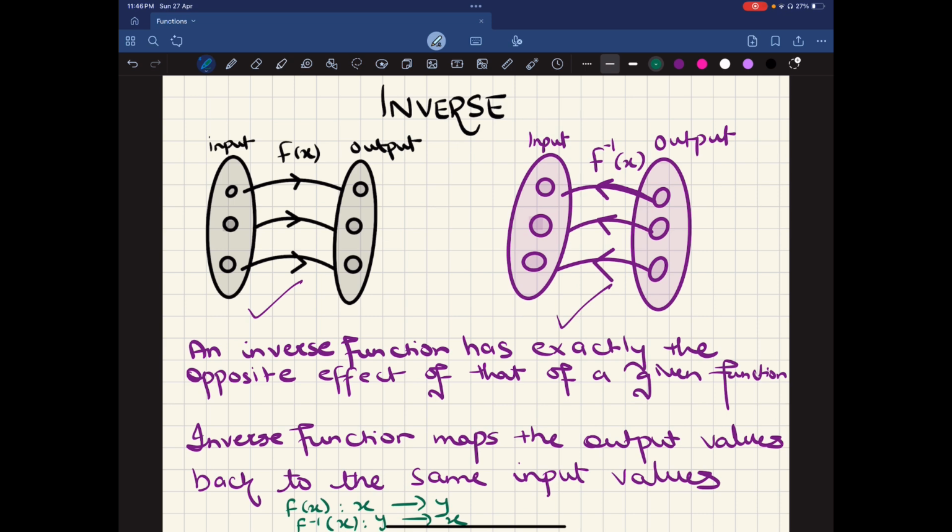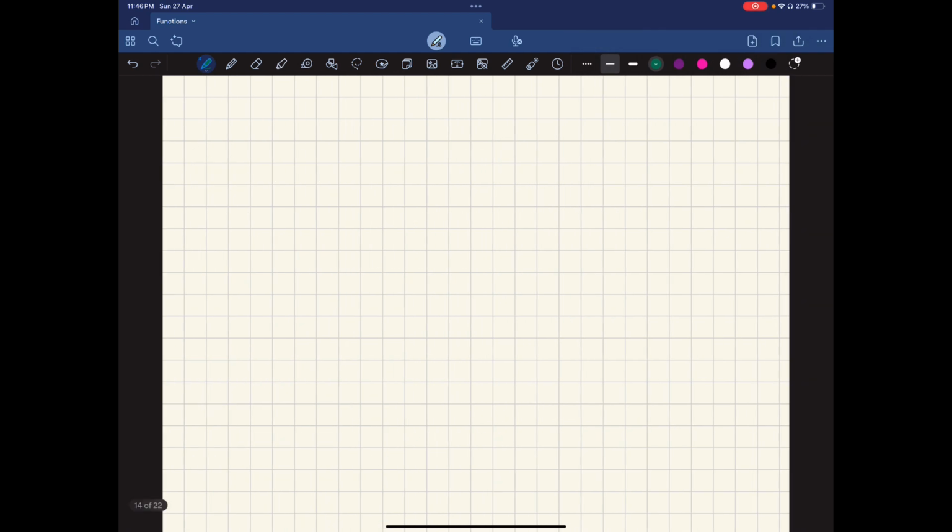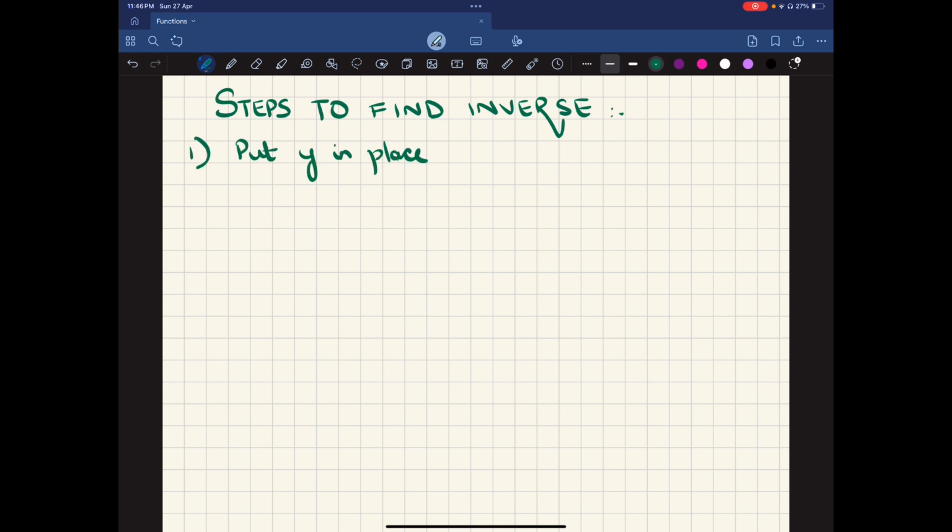Okay, now let's do a couple of examples to understand how we are going to find the inverse function. So what are the steps to find the inverse? To find the formula of an inverse function, you need to put y in place of f of x.